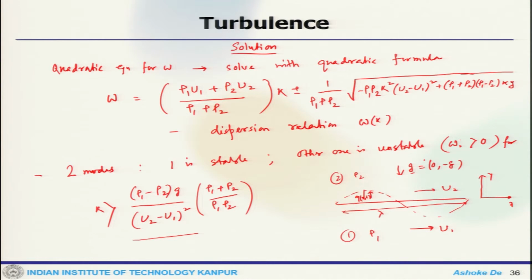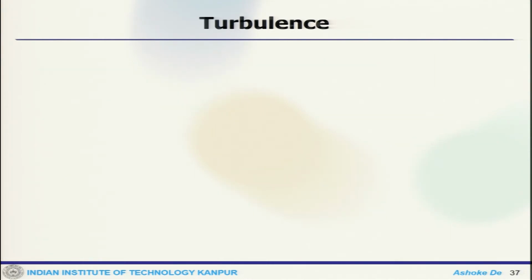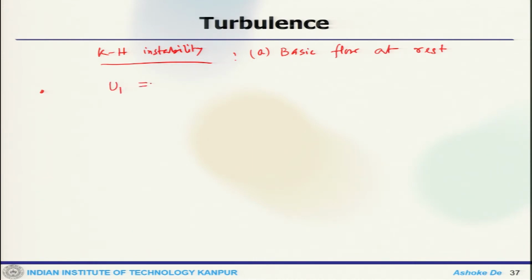Now, we can take some very specific cases and see what happens. First one, look at basic flow at rest. So, which means my u1, u2 are 0.